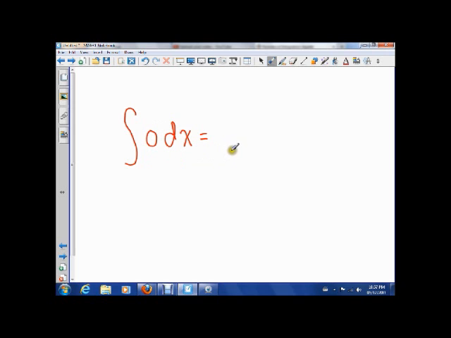What do you guys think? 1? The derivative of 1 is 0. Yeah, that works. Is there any other answers? What about 2? Works. 3? Works. Right? So actually any number here, negative 48.5. Derivative of that, 0. Works. So this is not unique.